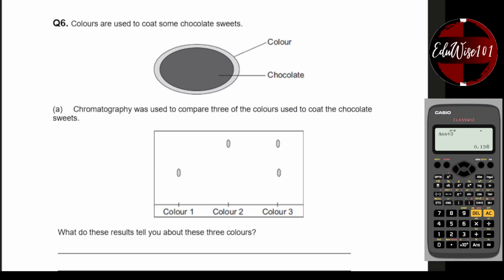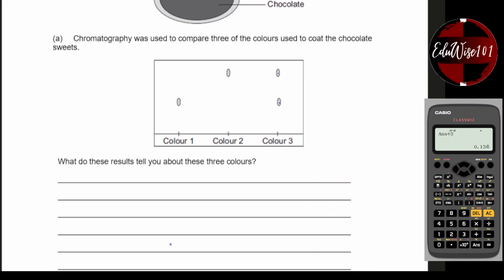Chromatography can be used to compare 3 of the colors used to coat the chocolate sweets. So you have color 1, 2, and 3. So here you got one spot here for color 1. Color 2 has also only got one spot. And color 3 has actually got 2 spots here. What do the results tell you about the 3 colors?